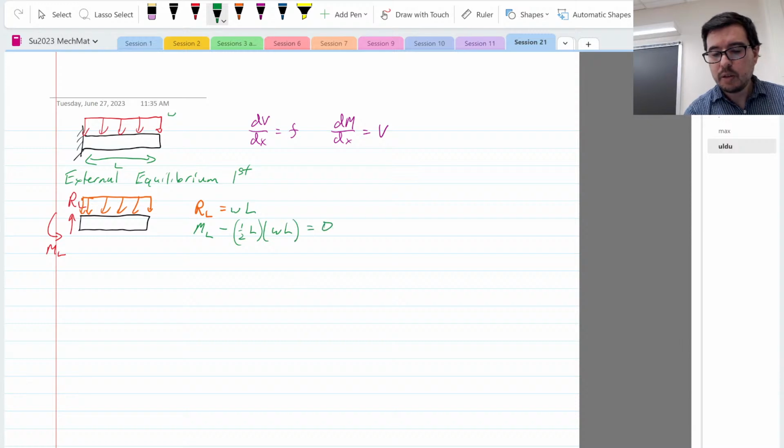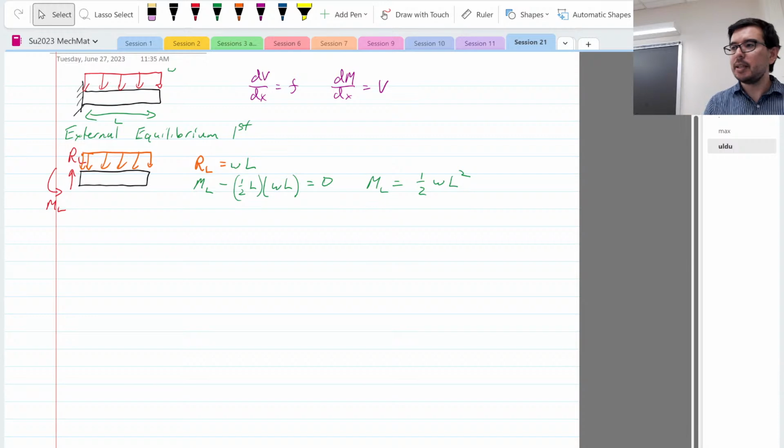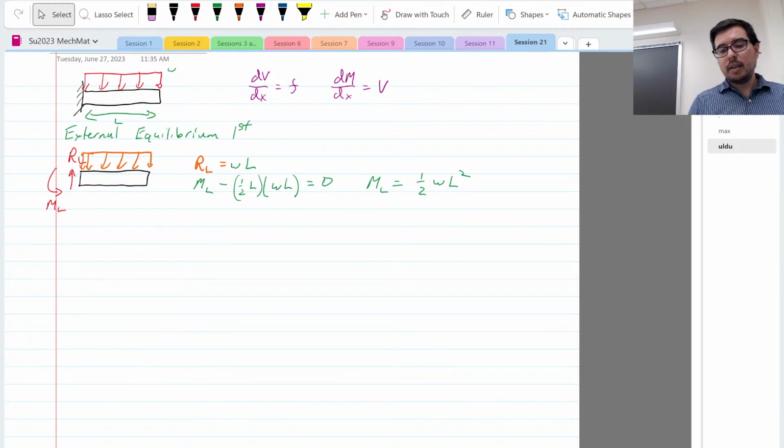So ML is going to be equal to 1/2 WL squared. So now we've done external equilibrium. That was pretty painless, not too bad.